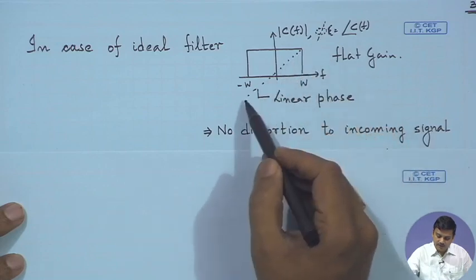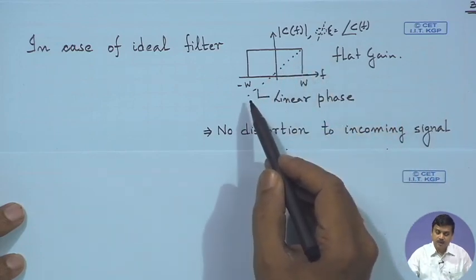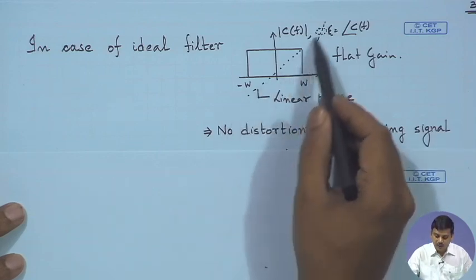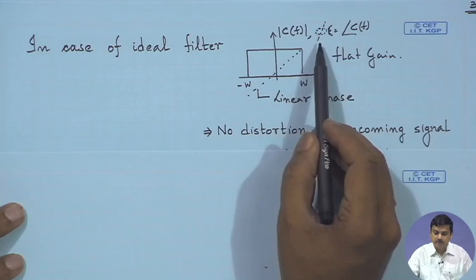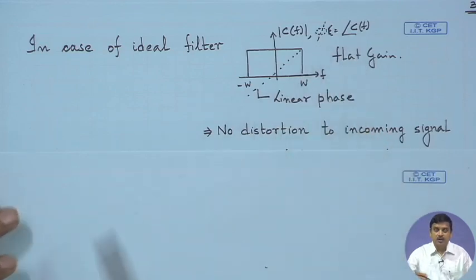The linearity of phase ensures that group delay is constant. If the phase is not linear, the group delay, which is the derivative of this phase with respect to frequency, which tells us the speed of propagation of different frequency components, will not be the same, and some frequency components will proceed faster compared to others.